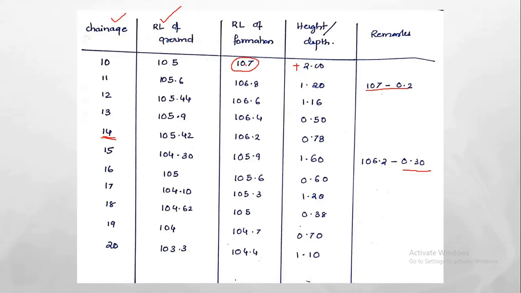In this case we are reducing, but in all the cases the values are positive, so it won't be a bigger issue. We just subtract 105 from 107 and get 2, and subtracting 105.6 from 106.8 gives 1.2. In that manner we find the difference between the reduced level of formation and the reduced level of ground. So we got height or depth.